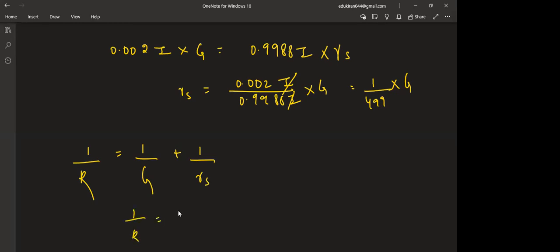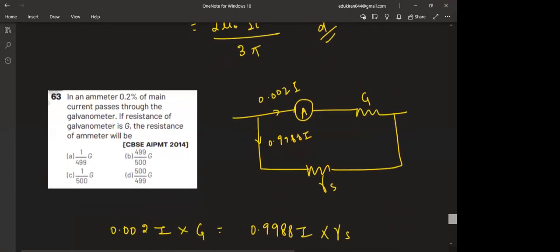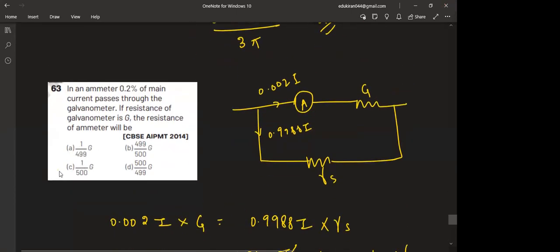So 1 by R is 1 by G plus 499 by G, which becomes 500 by G, so R is G by 500. What options do we have? G by 500 is option C. Quickly noted.